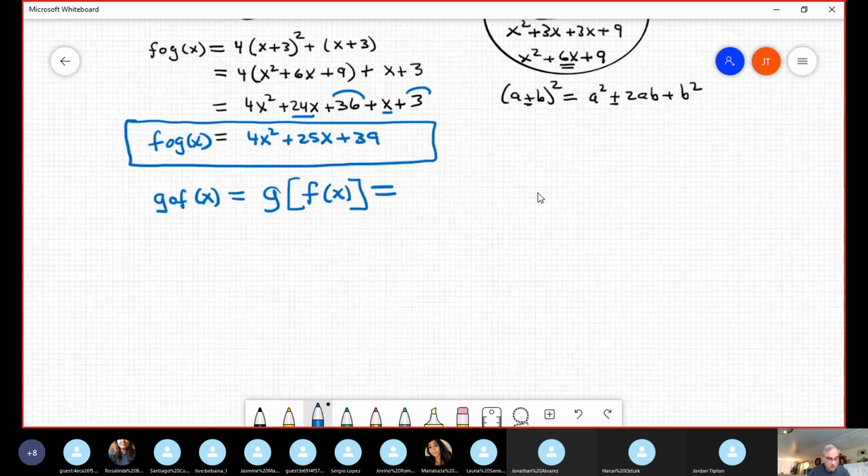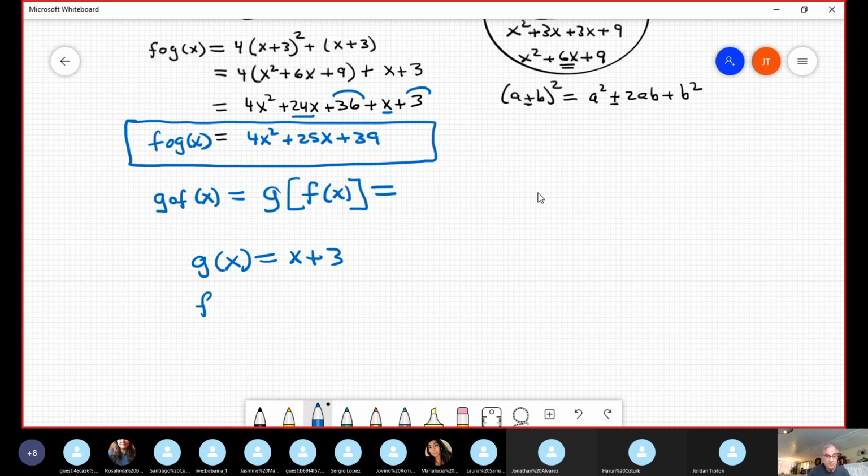G was that function: X plus 3. F was that function: 4 x squared plus x. Now what should I do? Well, wait. So this function is F. Totally F. Go where?